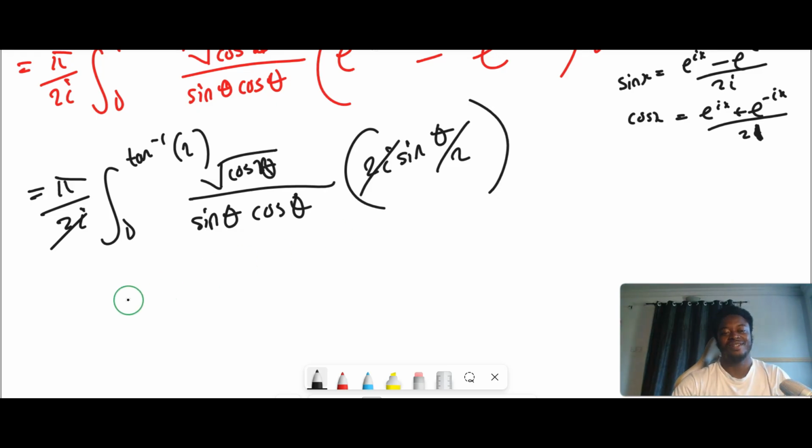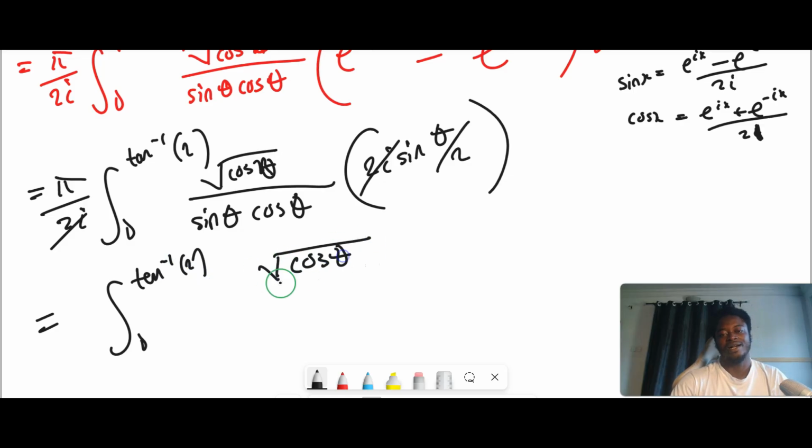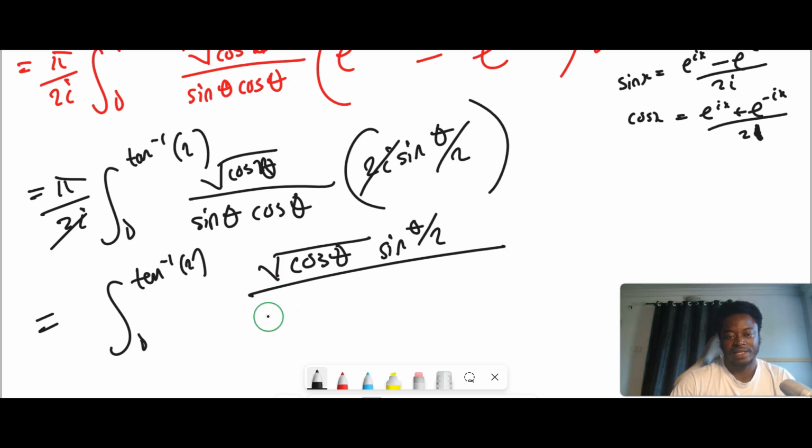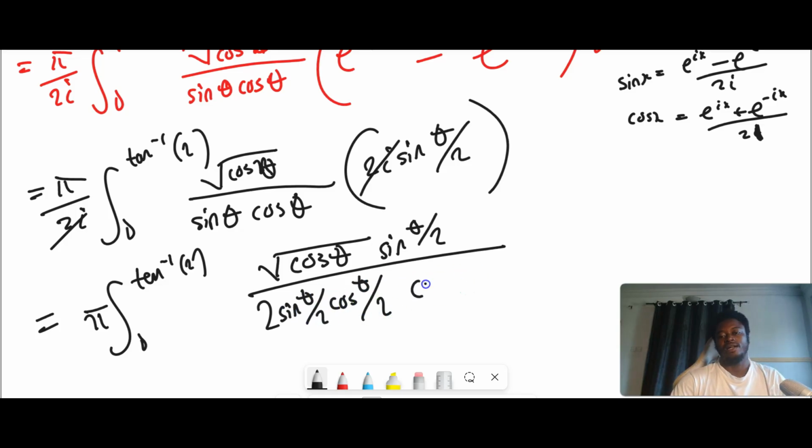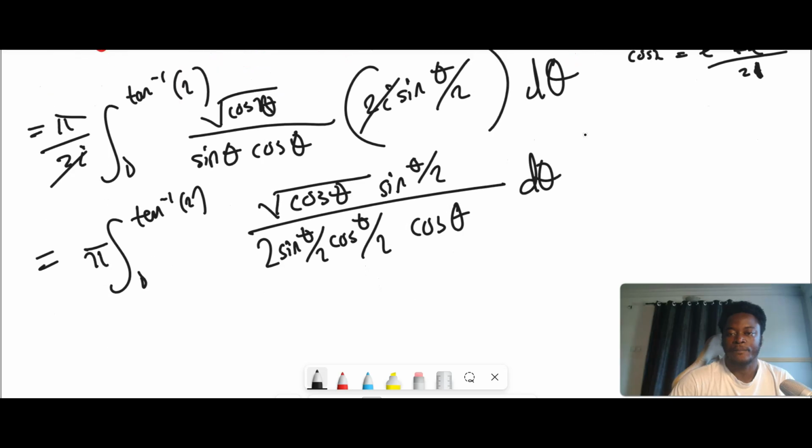Then you would have the integral from 0 to tan inverse of 2 of the square root of cosine theta times sine of theta over 2, all divided by, for this sine theta we can write it as twice sine theta over 2 cosine theta over 2. You have cosine of theta and you have the d theta, of course, don't forget the d theta.